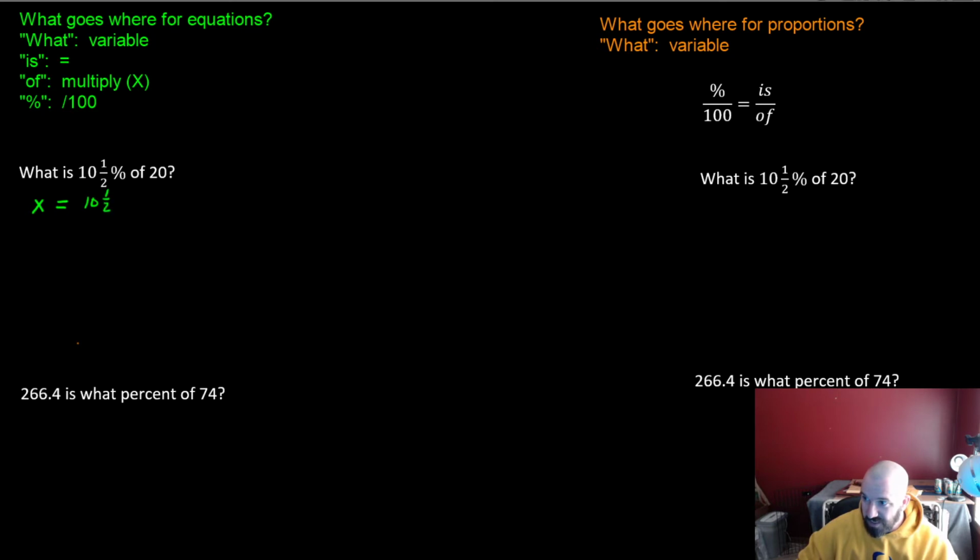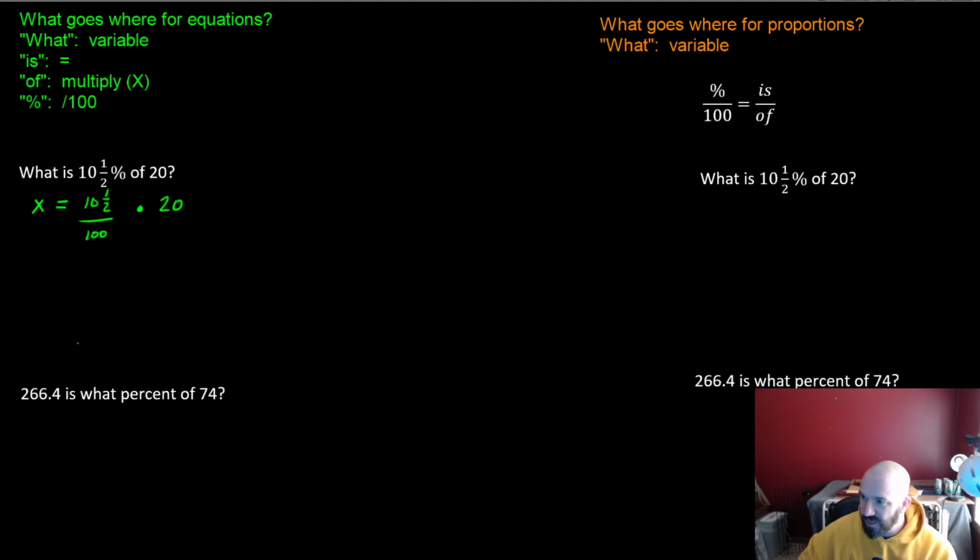Now the percent, you can do whichever way you wish, but the percent is over 100. If you want to convert this to a decimal, by all means go ahead. I'm going to do that eventually, but I'm just going to get this down first. "Of" means to multiply, and then we have the 20. So what we need to do is take this whole right hand side and squish it down.